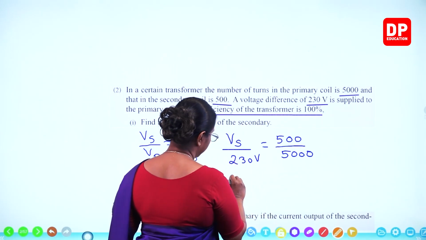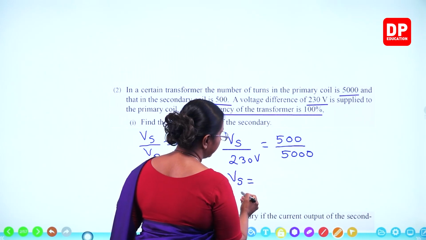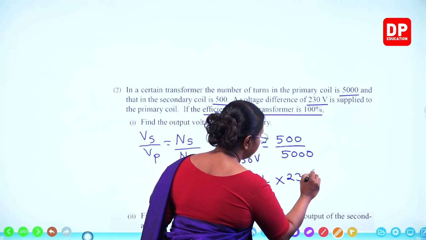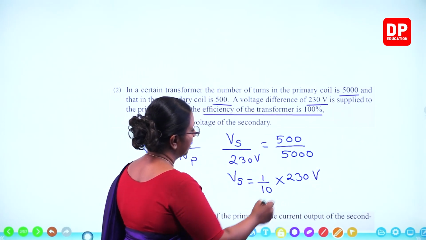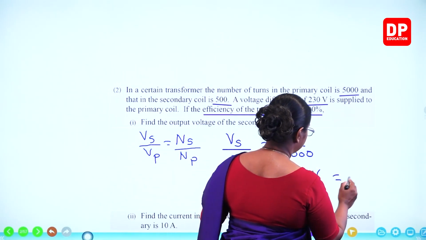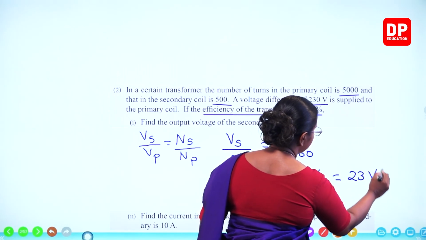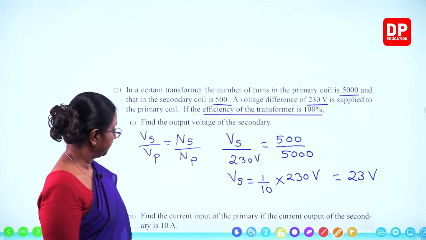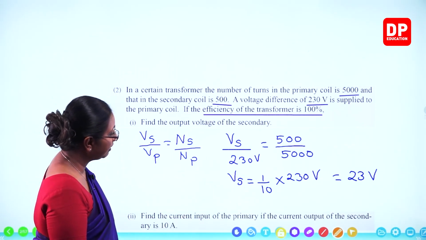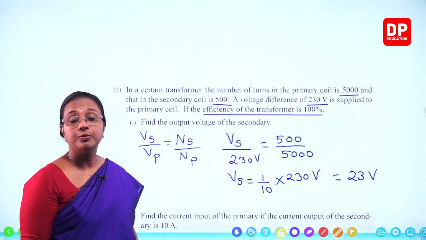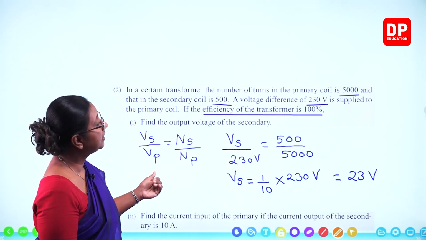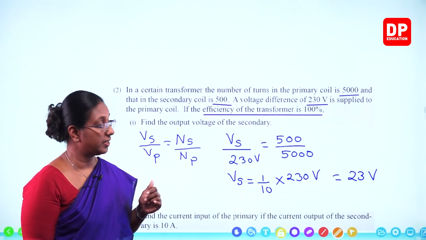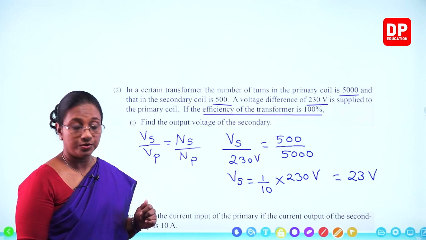So from that, you will get V secondary equals 1 over 10 into 230 volt. That is equal to 23 volt. A similar value as before. So we have 23 volts as the output voltage. We supply an input voltage of 230 volts and receive an output voltage of 23 volts.